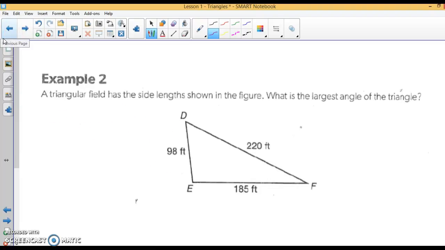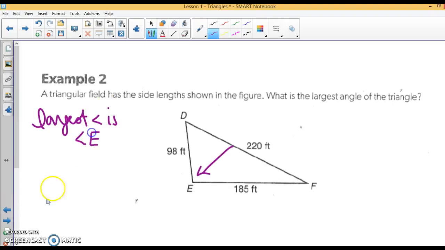A triangular field has the side lengths as shown below. What is the largest angle? Well, the largest angle has to be opposite the longest side. So our largest angle is angle E. Now, if I asked you the smallest angle, it would be opposite the shortest side, so F is the smallest.